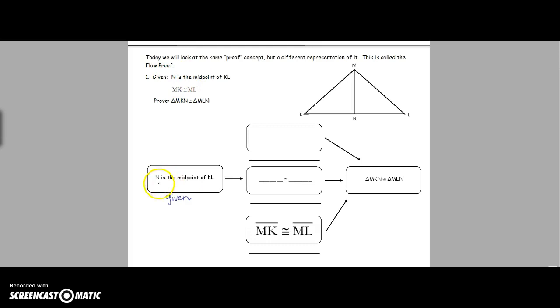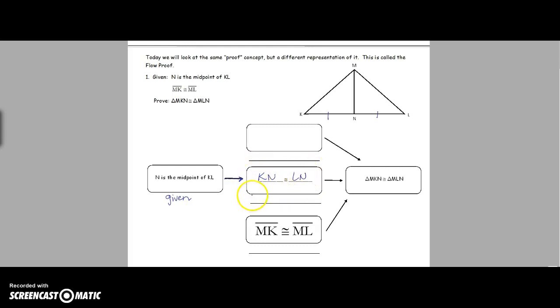Now, N is the midpoint of KL is not the congruency statement. It means that it's going to take KL and cut it into two congruent parts. So now, because we can say N is the midpoint of KL, we can say KN is congruent to LN.